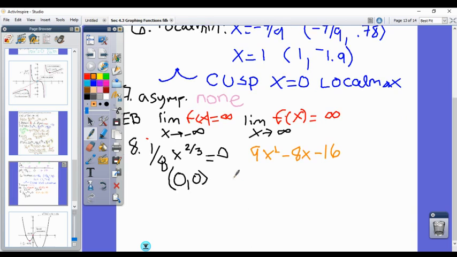So negative b plus or minus the square root of b squared minus 4ac, all divided by 2a.